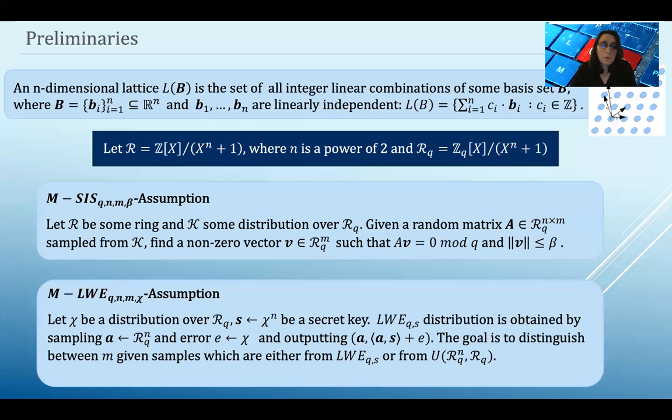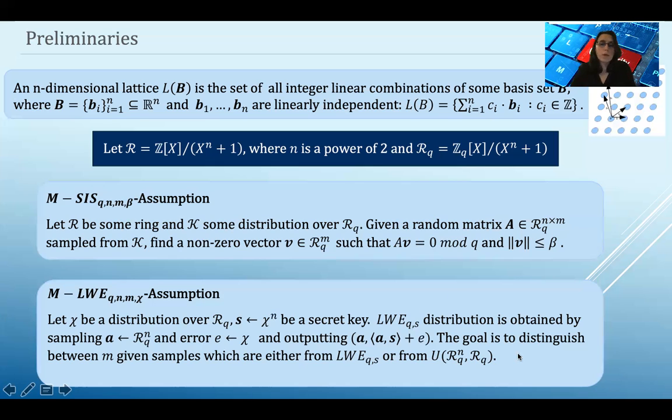Then the Module-LWE assumption is defined as follows. Let chi be a distribution over the polynomial ring R_Q, and S be a secret vector sampled from the distribution of dimension n.